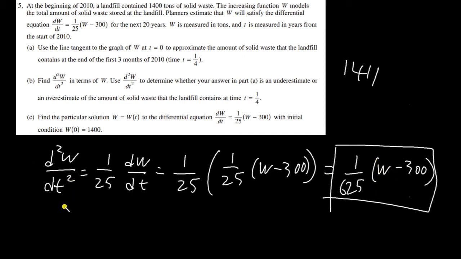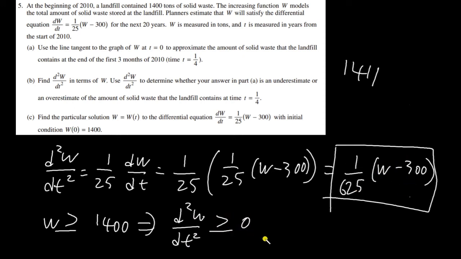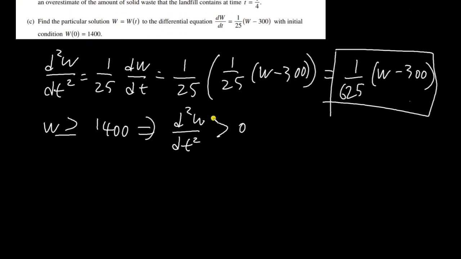So since w is greater than or equal to 1,400, if we plug in 1,400 or greater into here, it's always going to be positive, so the second derivative is greater than 0.